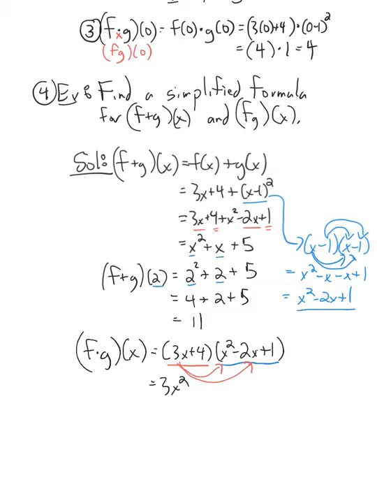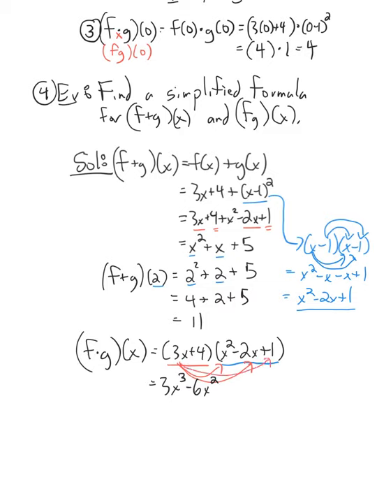Sorry, guys. Small mistake. 3x times x squared is not 3x squared. It is 3x cubed. Because x times x squared, well, that's x times x, which is x multiplied by itself 3 times. So it's 3 times x cubed. And then 3x times minus 2x is minus 6x squared. And then we have 3x times 1.